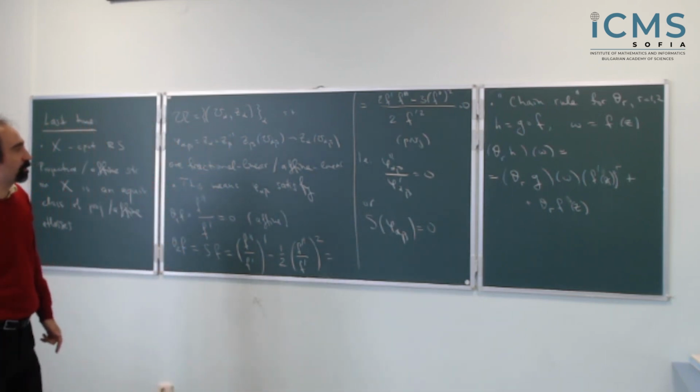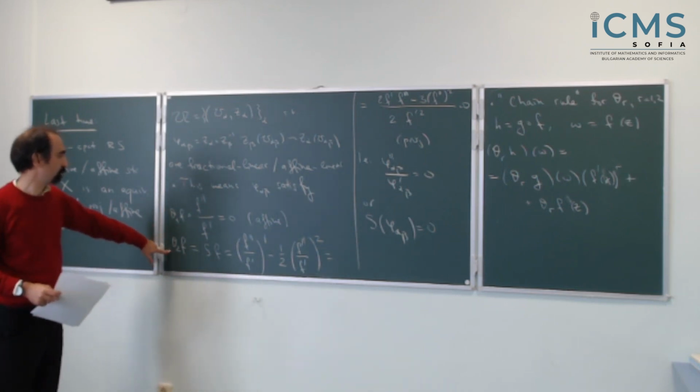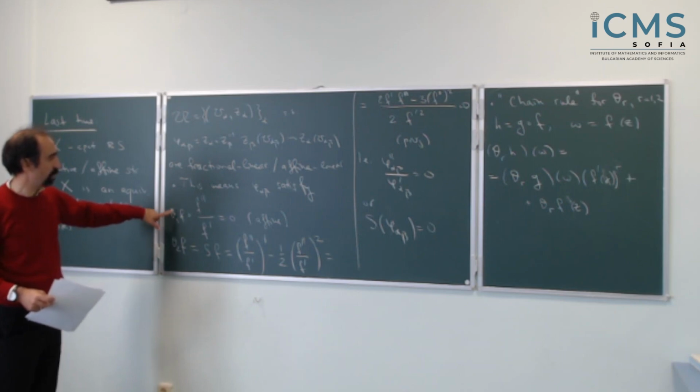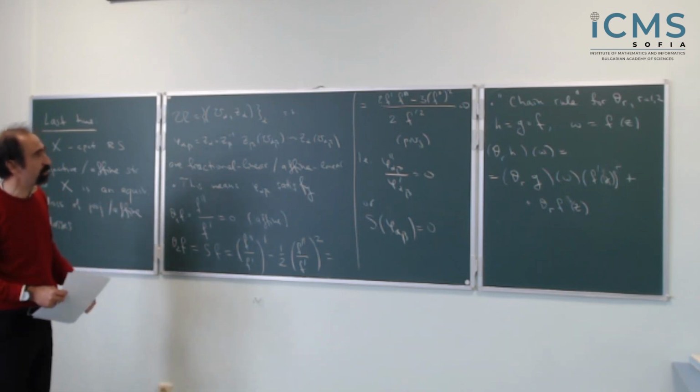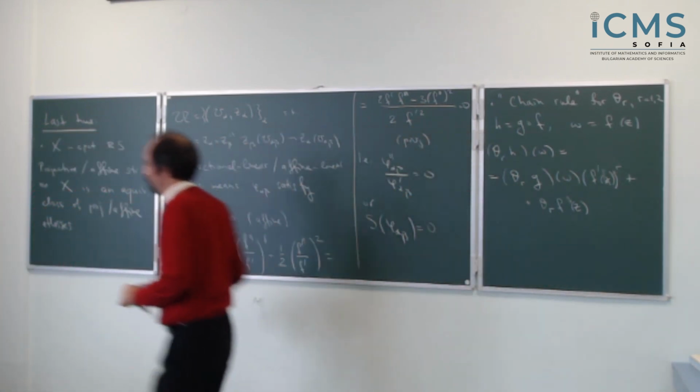How can we think of this? First of all, it's more interesting to look at theta 2, because affine transformations are a special case of fractional linear. So we can write this a little bit nicer.